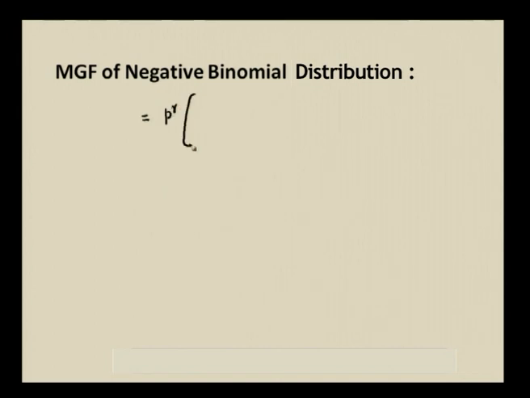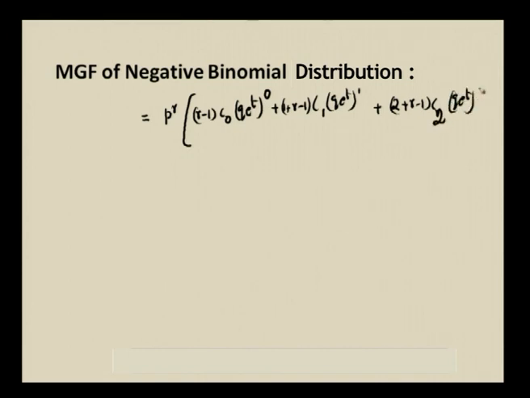Now, I expand the summation by substituting the values for x: C(r−1, 0) (q e^t)^0 plus C(1+r−1, 1) (q e^t)^1, next C(2+r−1, 2) (q e^t)^2 plus etc. up to infinity.